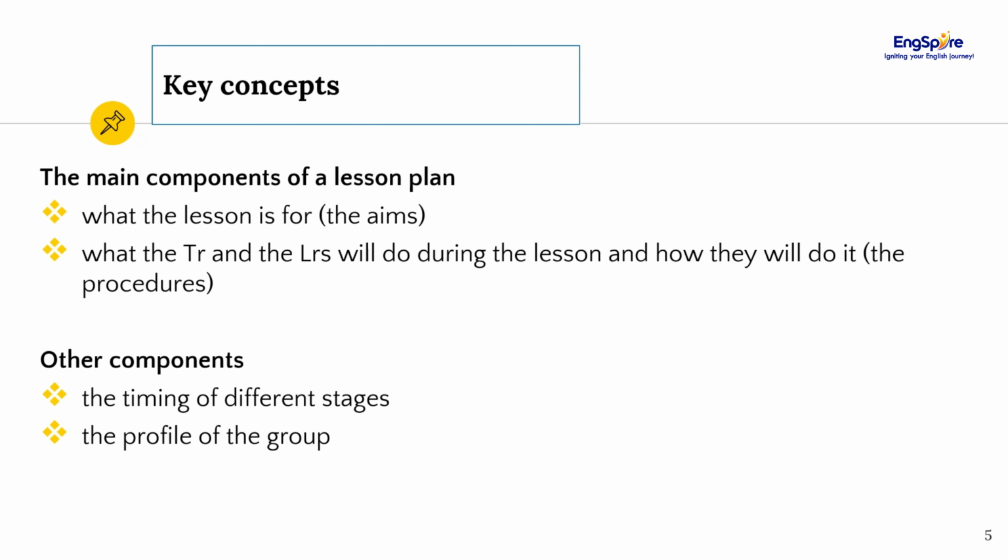Another possible component is the profile of the group. This gives information about the learners, such as their level, age, needs, interests, or any specific learning difficulties. Understanding the learners helps teachers plan lessons that are appropriate and effective.